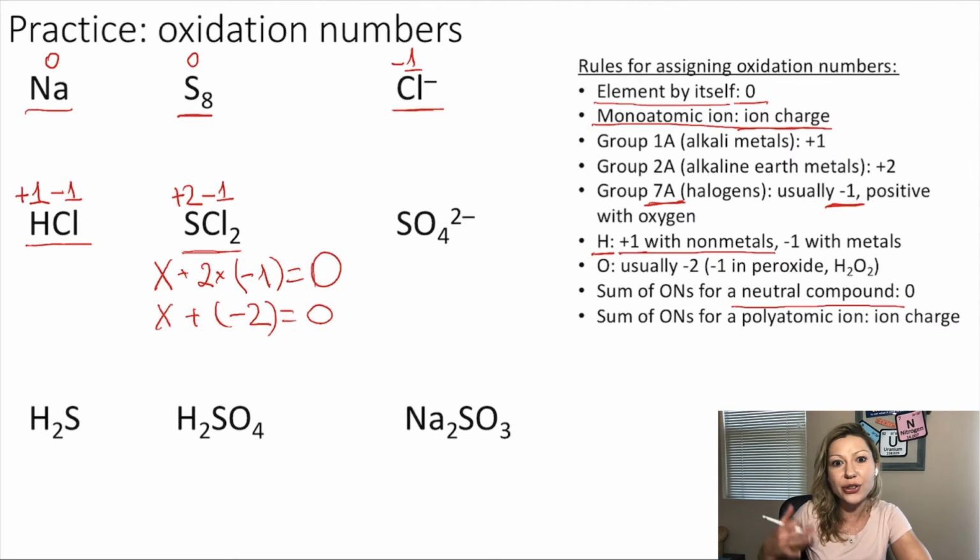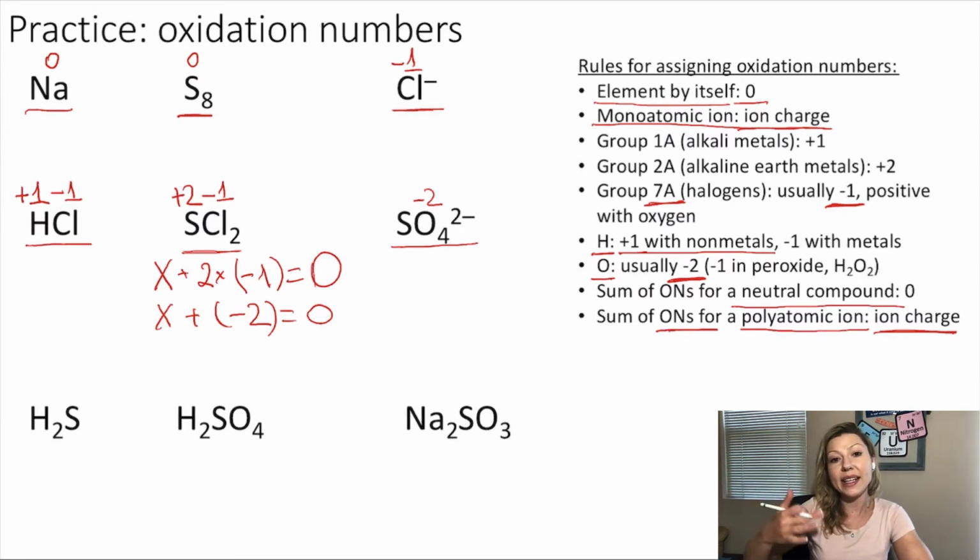Okay, let's move on to the next compound, the sulfate ion. Do we have a rule for sulfur? No, we do not. It did not magically appear. So now let's take a look at oxygen. Do we have a rule for oxygen? We do, right? Oxygen is usually -2. So I'm going to add the -2 above the oxygen atom. And I know that if I have a polyatomic ion, the sum of oxidation numbers should equal the ion charge.